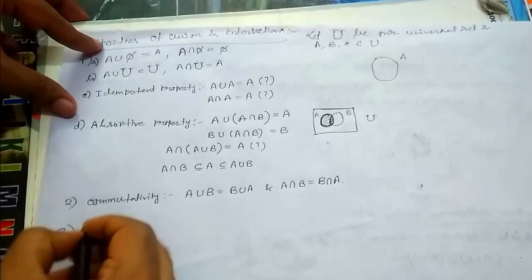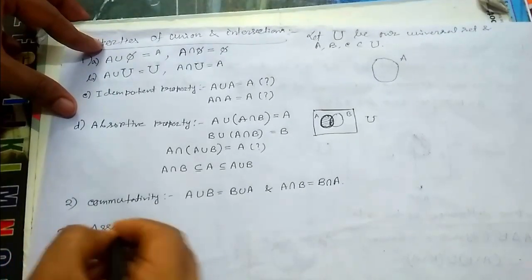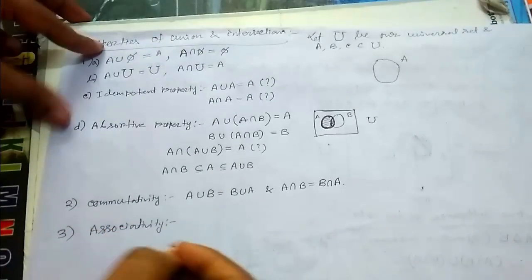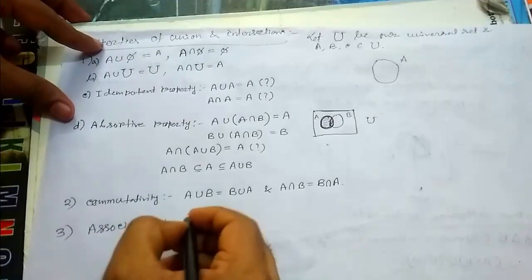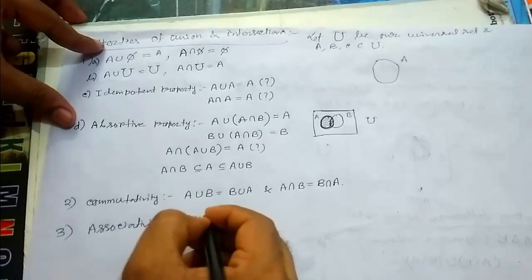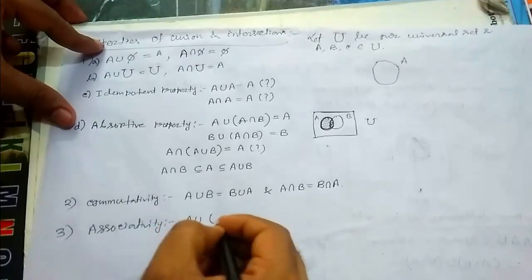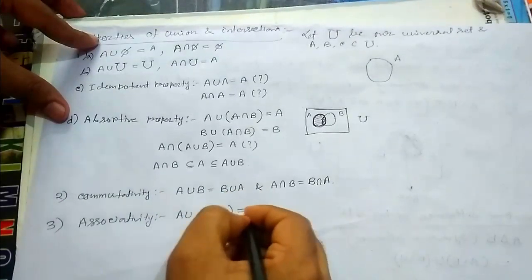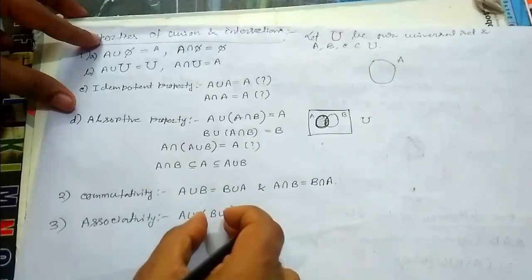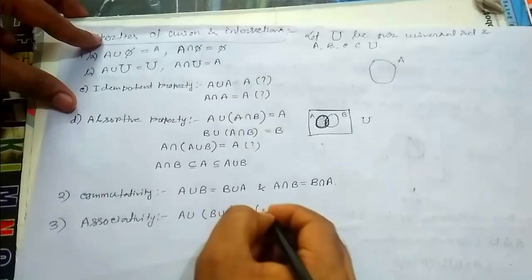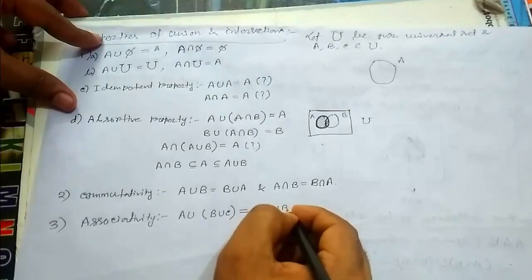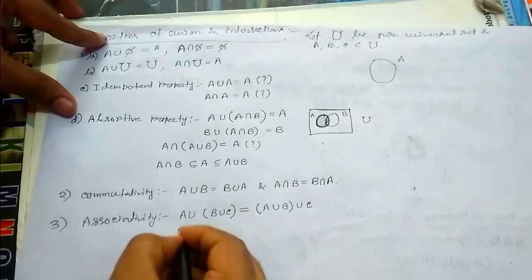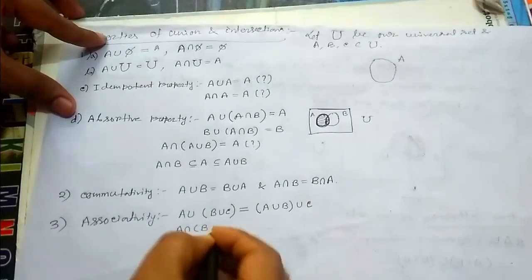Now associativity. Associativity property tells us that if you take union in between A and B union C, then we only have to shift this bracket and we will get the same union. Okay, and a similar result will hold for intersection.